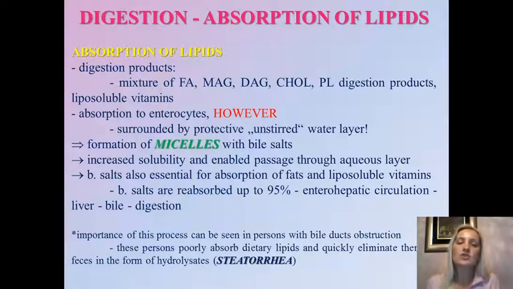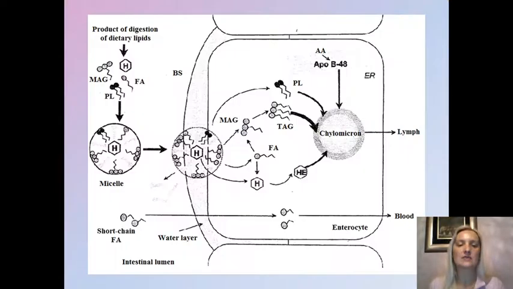So in order to solve the problem and to pass that aqueous barrier, those products of lipid digestion are incorporated in the form of micelles together with bile salts. And this formation of micelles is going to increase the solubility, and actually it's going to enable an easy passage of these molecules through the aqueous layer, which is represented here by the figure.